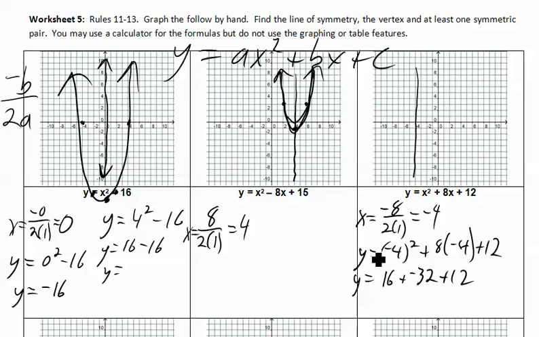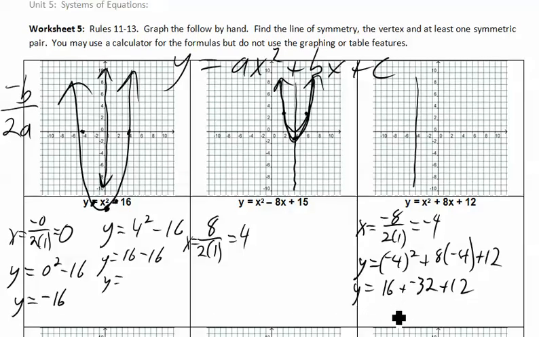And you can go ahead and just plug this right here in your calculator if you want to. So we have 16 plus -32 plus 12 is -4. So when x is -4, y is -4. So 1, 2, 3, 4. And this will be our vertex.